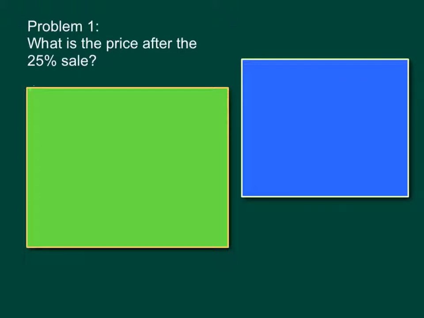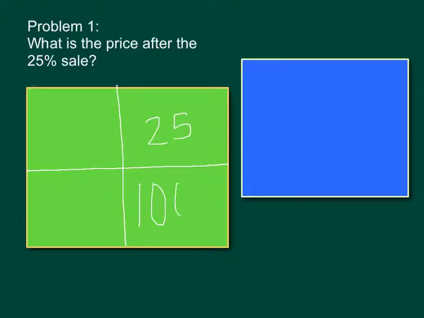First problem is, what is the price after the 25% sale? And I'm going to go ahead and use that two-way table I was talking about. I set it up just like that, and I have 25% off out of 100, and the original price, I remember, is $80, and I want to know what that discount is.